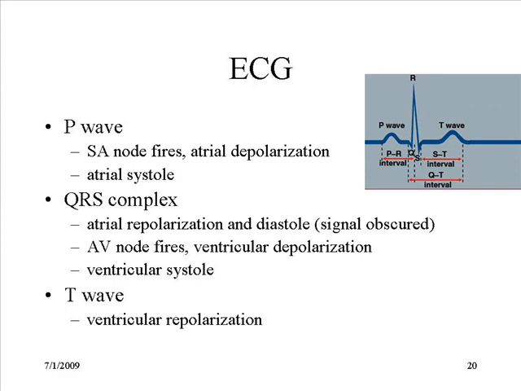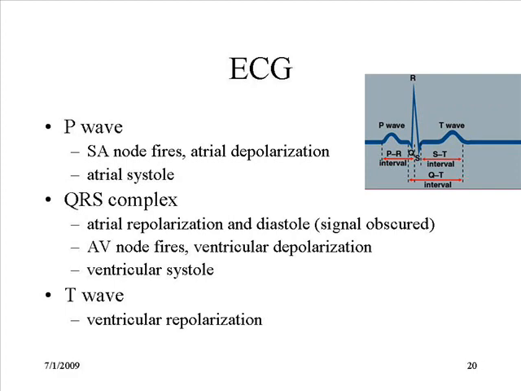The QRS complex starts with a small downward flexion as the AV valves slam shut with an increase in pressure within the ventricles. This is followed by an upward flexion called an R wave, with an increase in pressure as the ventricles start to contract, or what we call ventricular systole, followed by a small downward flexion called the S wave, when the semilunar valves now contract with the afterload and the pressure increasing on the semilunar valves.